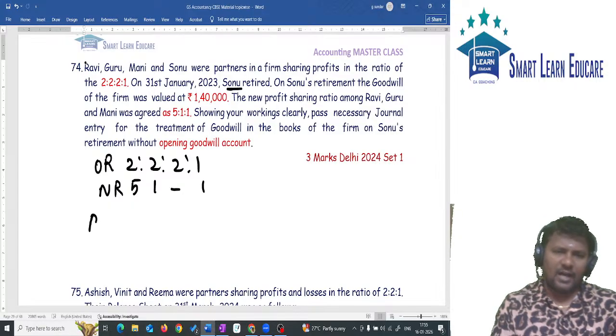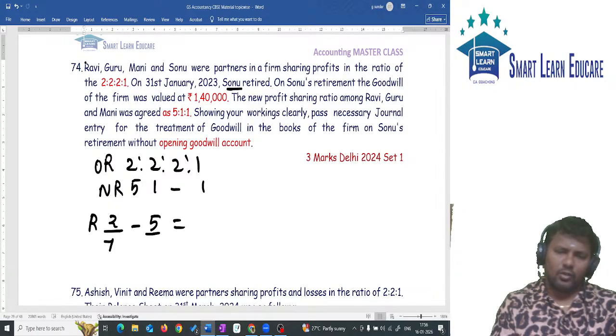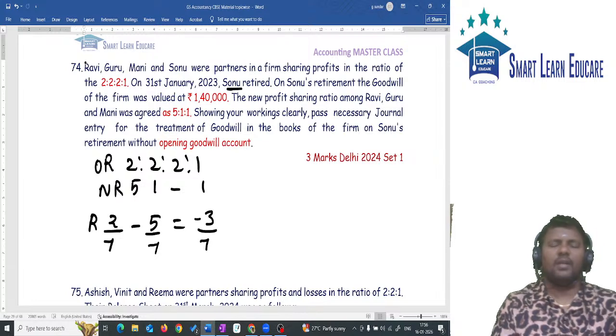First find for R. It is 2/7 minus 5/7. You will get the answer as minus 3/7.